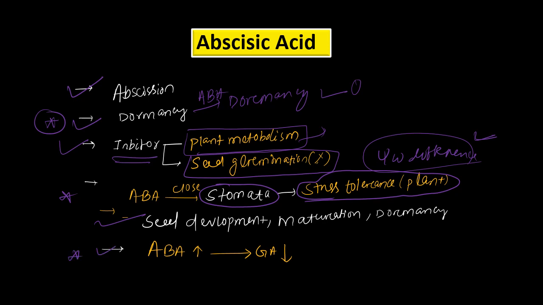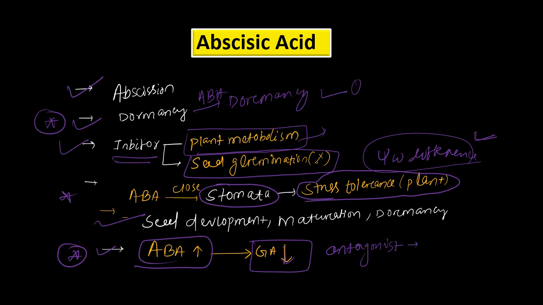This point is most important from the NEET point of view. If we increase ABA, then gibberellic acid decreases. This means these hormones are antagonists. So what is the meaning of antagonist? Let's consider this is a seed.